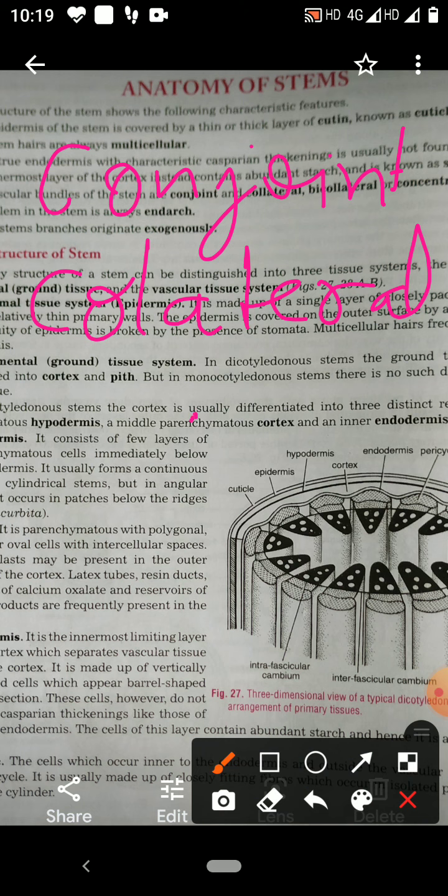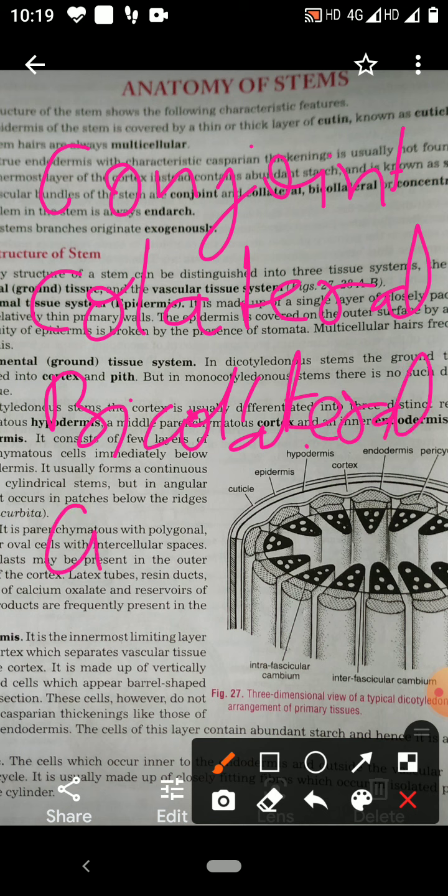In some stems of plants, bicollateral and concentric vascular bundles are found.